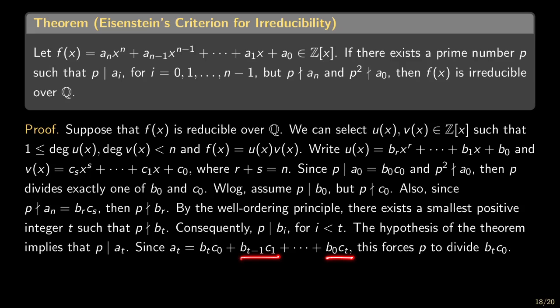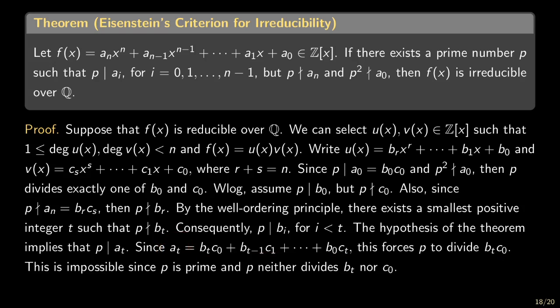If P divides all of these terms, and P divides A0, it must divide this one. Right? So P now divides Bt times C0. This is a contradiction. Why?